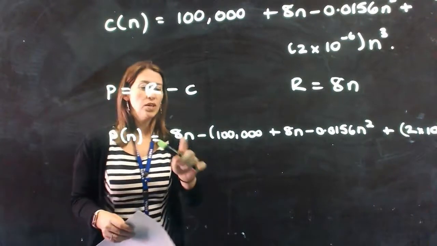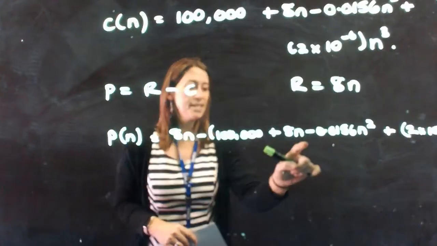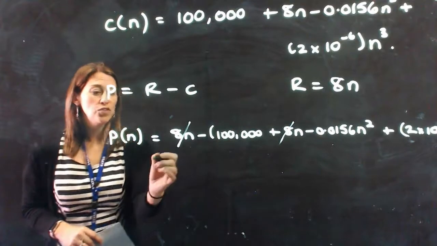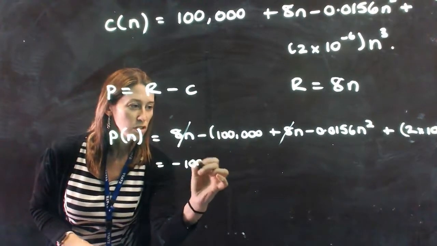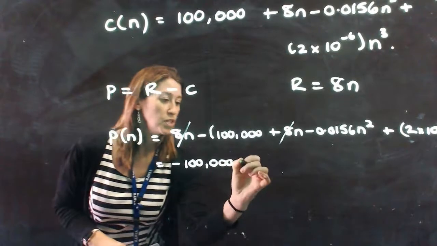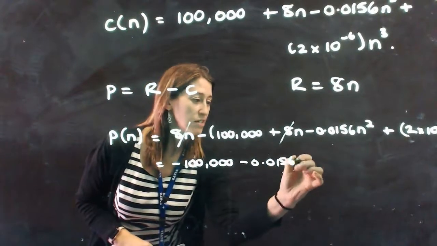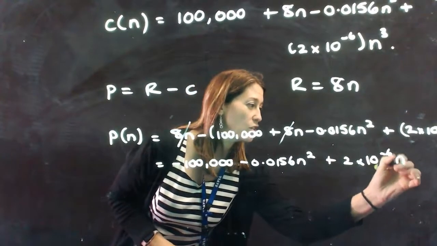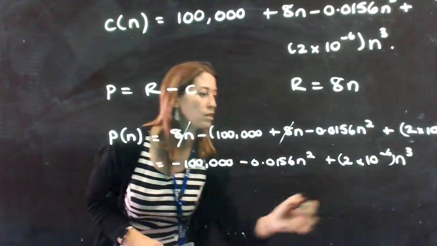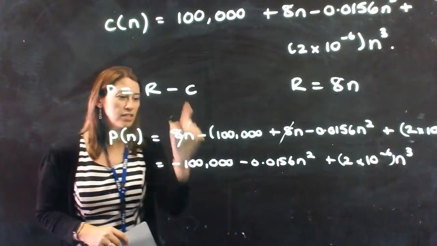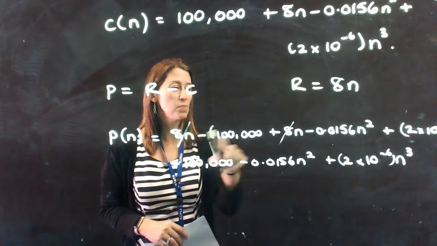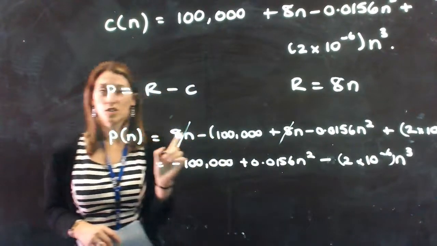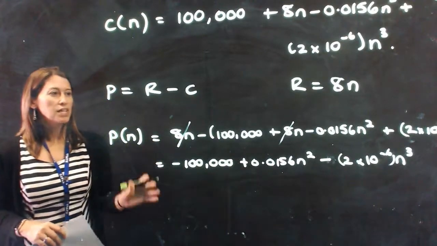Alright, well, when I remove the brackets, that's going to be minus 8N, so that and that will disappear, leaving me with just minus 100,000 minus the 0.0156 N squared plus the 2 times 10 to the negative 6 N cubed. So put that in brackets. Okay, hang on a sec. I need to change the signs of those because it's minus, so that becomes a plus, and that becomes a minus. There we go. So that's my formula.